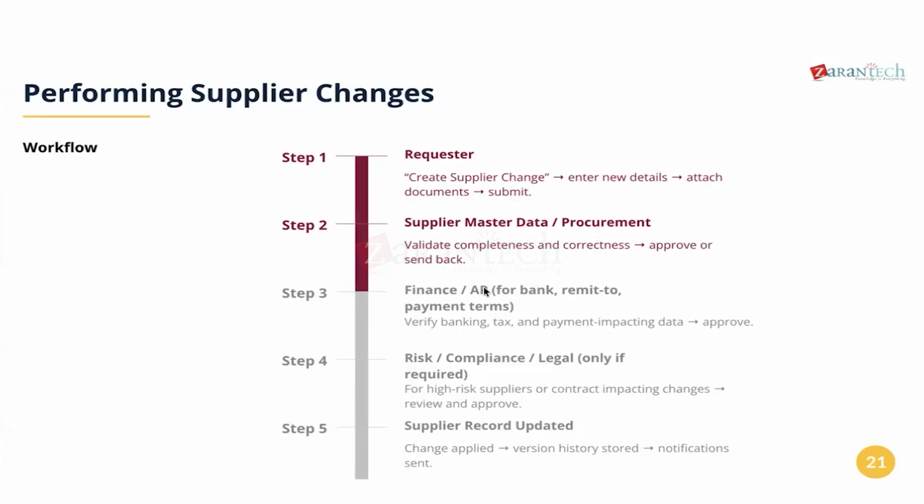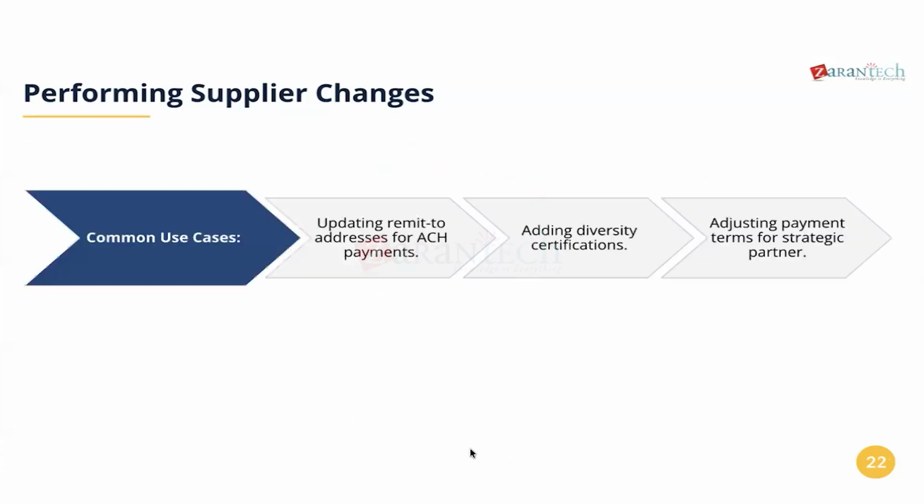Once it's approved, it may go to the finance or AP team to verify the banking, tax or payment impacting data and approve it. If it is a legal type of change, that is approved as well through controllers and all. Once all the approvals are done, the supplier record will be updated and a notification will be sent.